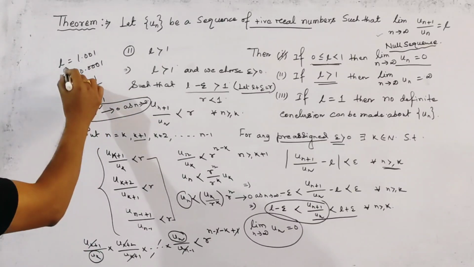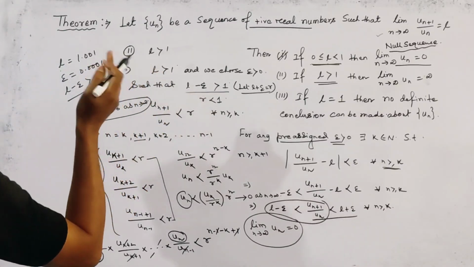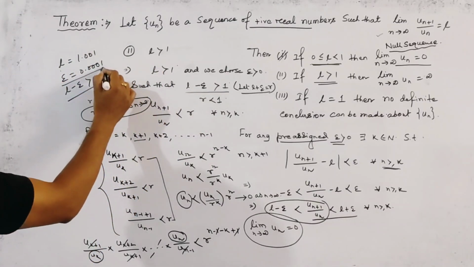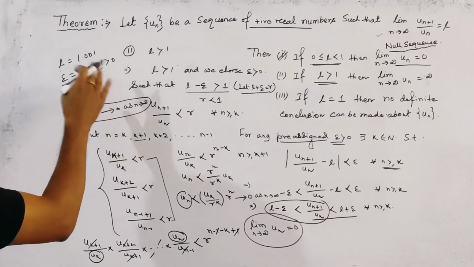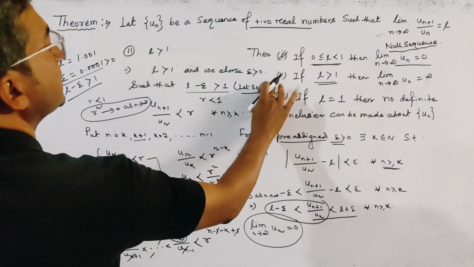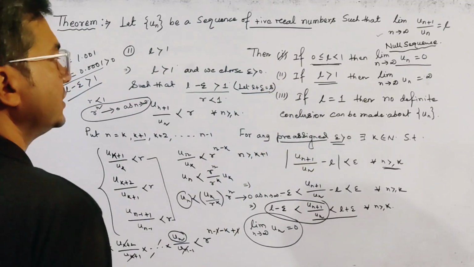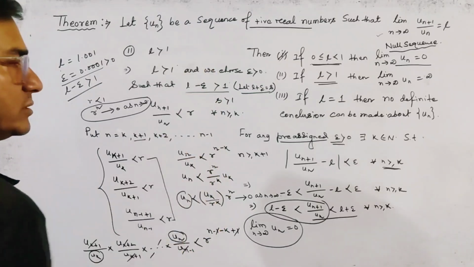Okay, so if L is approximately equal to 1, then also we can choose epsilon greater than 0 such that L minus epsilon is also greater than 1. Okay, and here if we call this s, then we can write s greater than 1.